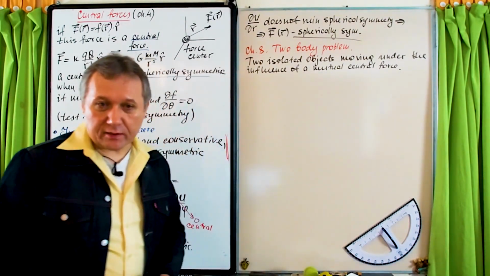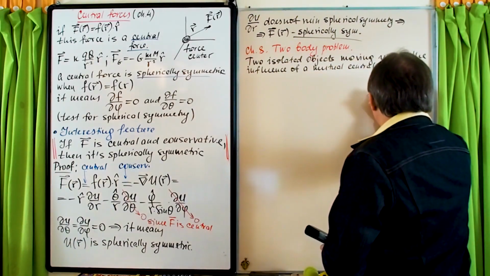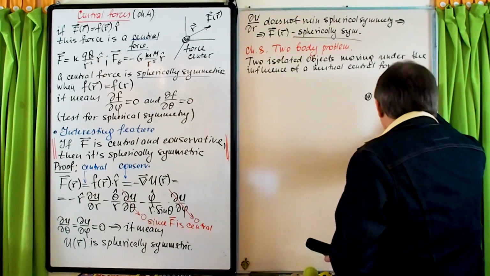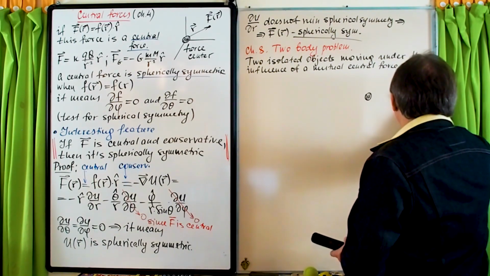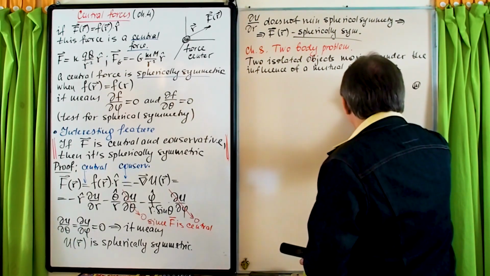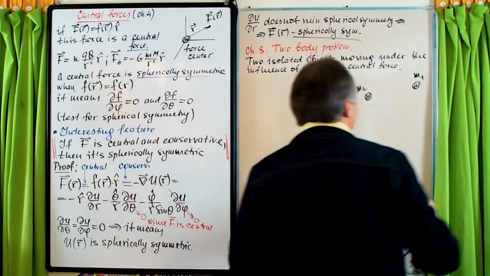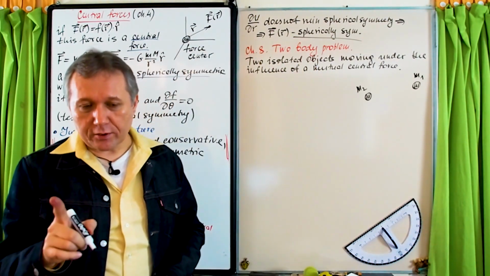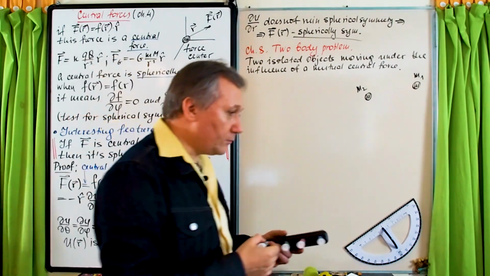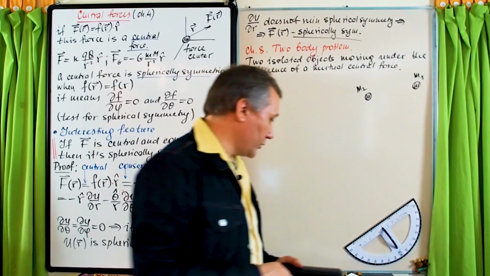Now let's set up the problem. Let's assume that we have two bodies. The first one is here, the second one here. This is M2, and this is M1. We're going to use the Lagrangian formalism to describe this problem, which means the reference frame must be inertial.